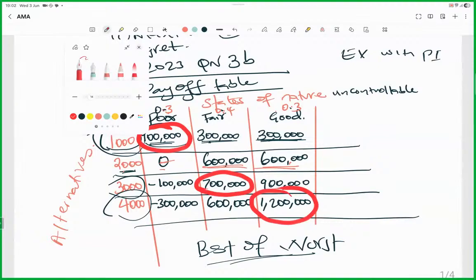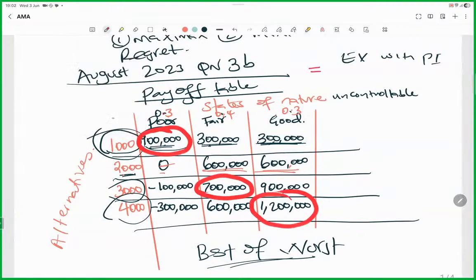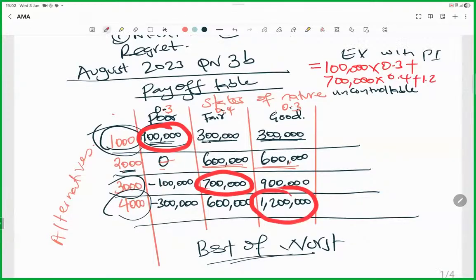In this case, our EV with the PI will be the circled numbers. The first one is 100,000 times the probability, which is 0.3, plus 700,000 times 0.4, plus 1.2 million times 0.3.